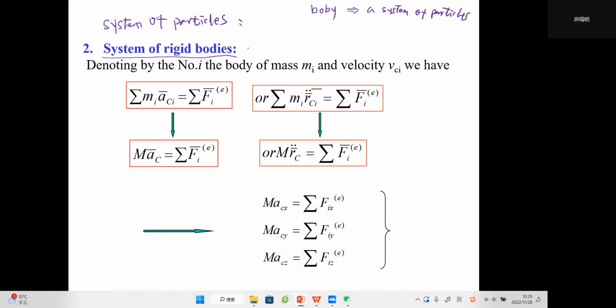If we are talking about a system of rigid bodies, it means there are a lot of bodies constituting a mechanism. You guys can remember: a mechanism means any two bodies on it are connected by some type of constraint, right?